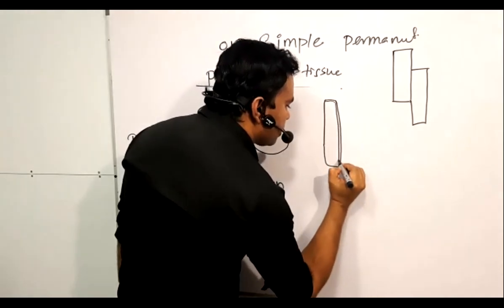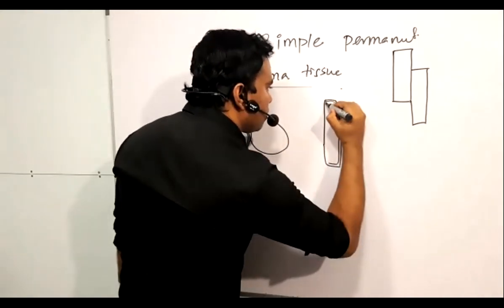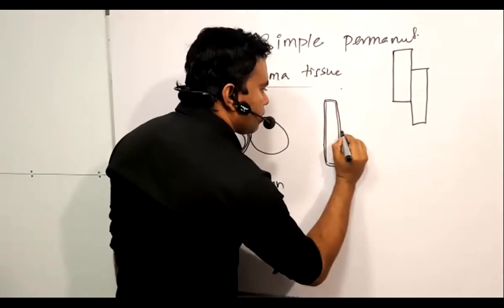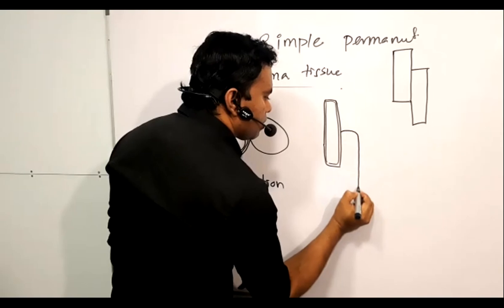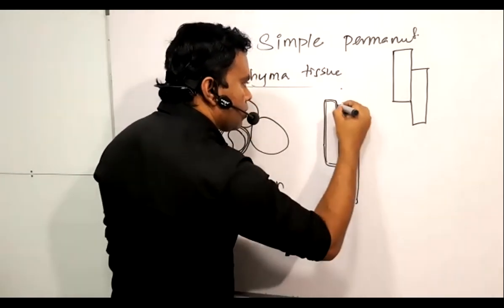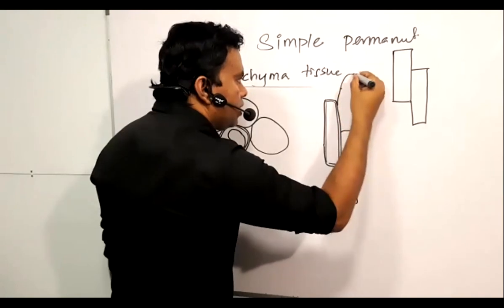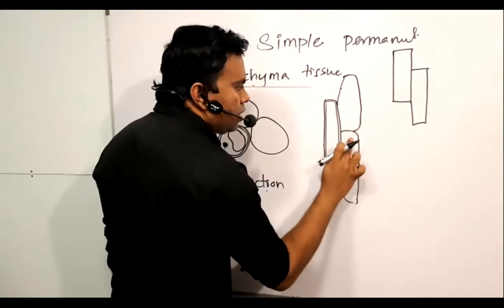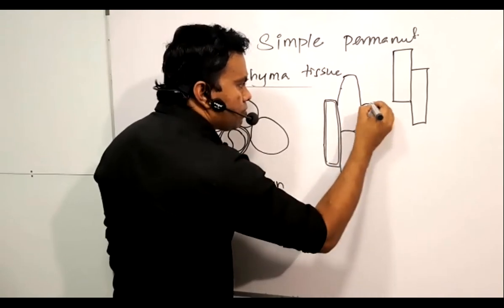Primary cell wall exists. And you can see here these intercellular spaces.